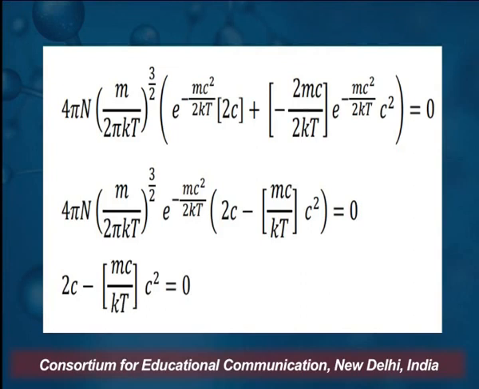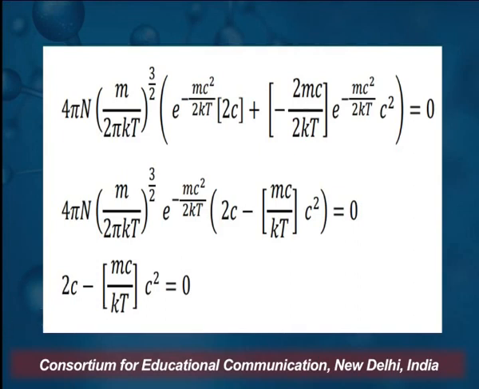As told just earlier, after differentiating, to find out the maximum number, we have to equate to 0. So equating to 0. Simplifying the equation, we get 4πN (m by 2πkT)^(3/2). Taking e^(-mc²/2kT) outside the bracket, we get two terms in the bracket now, 2c minus mc³ by kT, which is equal to 0.